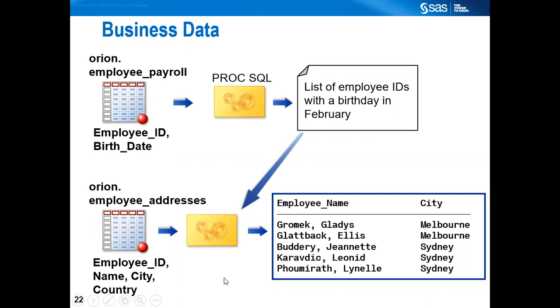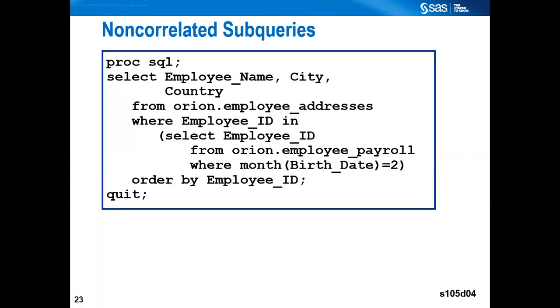Okay, so this is passing the values of the month to select those employees. These people are going to be selected from your payroll with a birth date coming in the month of February. So this is what it's telling you: ID in. So which type of subquery does it become?